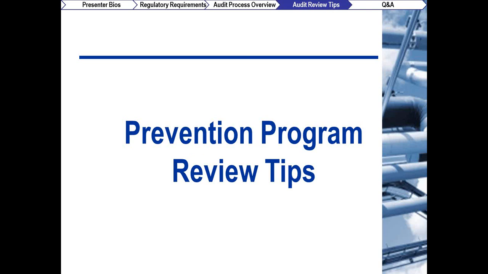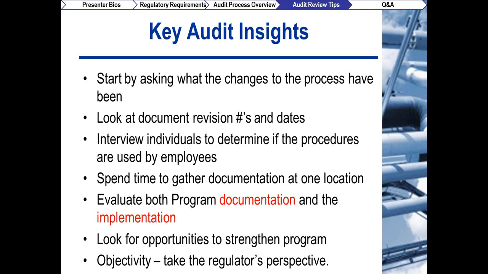Okay, so now we're going to go through a little bit of the prevention program elements. I'll start with some key audit insights that we found when we've done compliance audits for clients. The first question I ask when I go there is, what have you done in the last 3 years that probably was not documented, or if you were good, was documented?